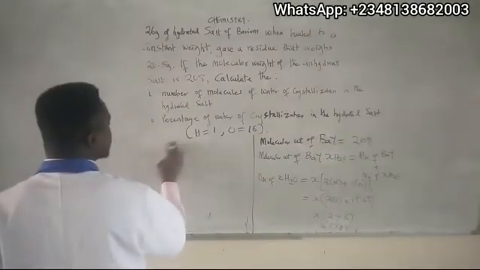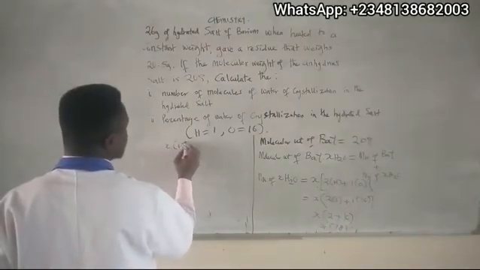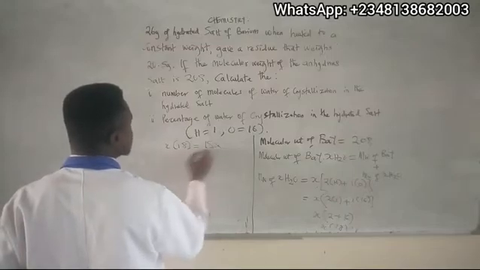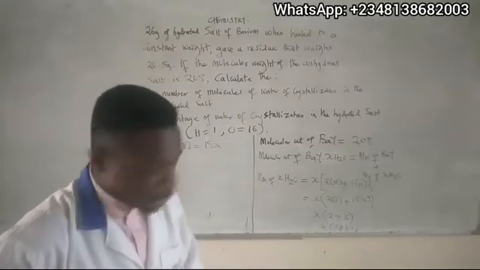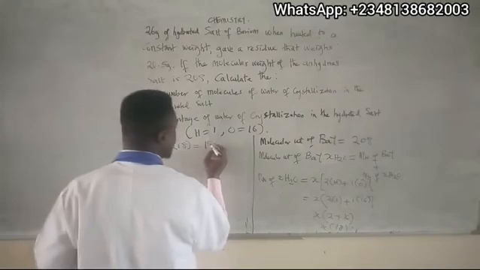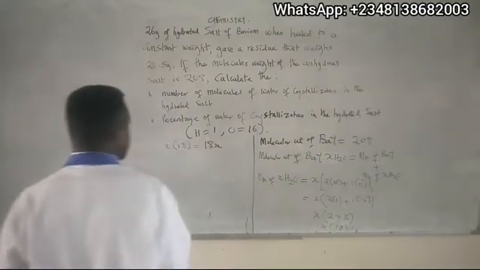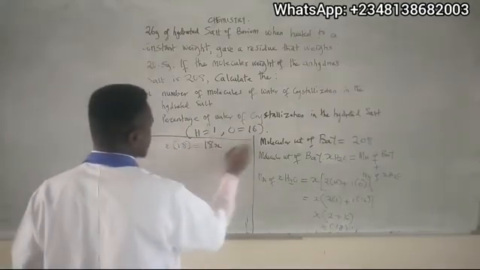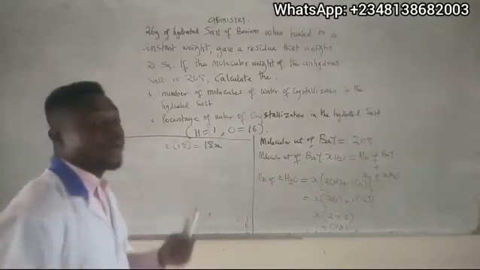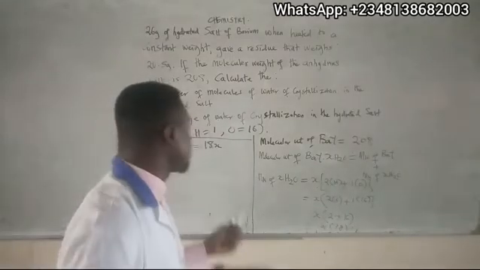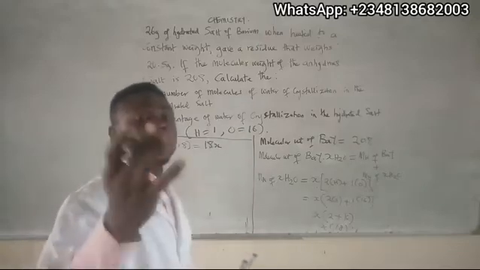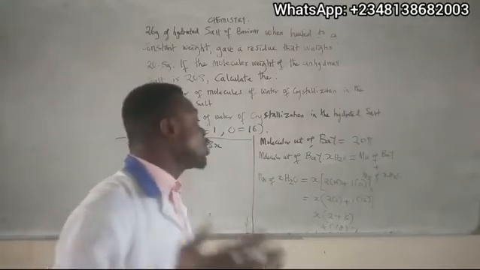So we bring it up here: X into 18, which is 18x. So the molecular weight of the water of crystallization is 18x, while the molecular weight of BAY is 208.